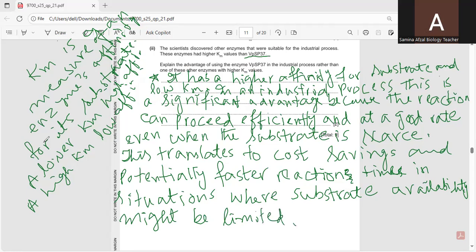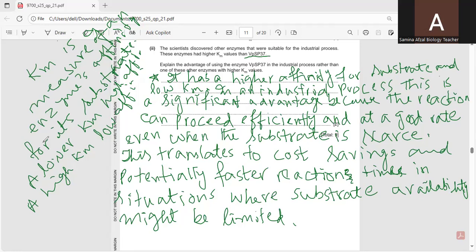It means it has a significant advantage. The reaction can proceed very efficiently and fast in the presence of a very small quantity of substrate. Even if the substrate is in low concentration, the reaction can proceed very well.